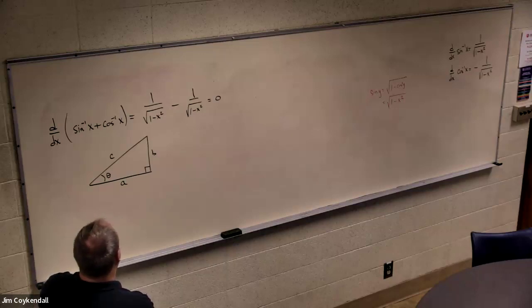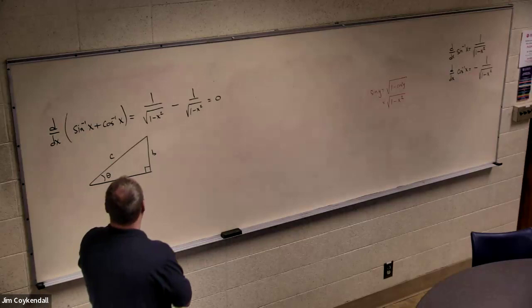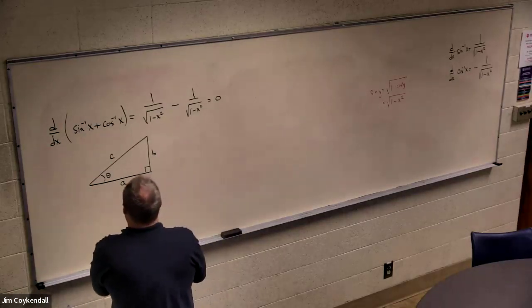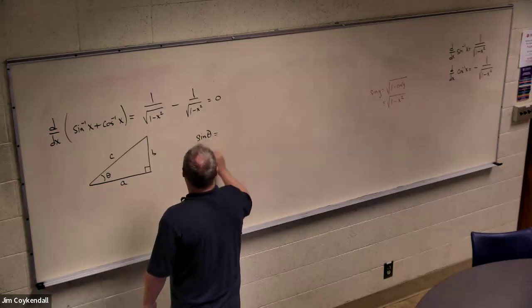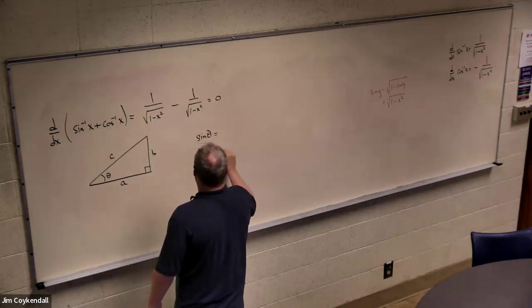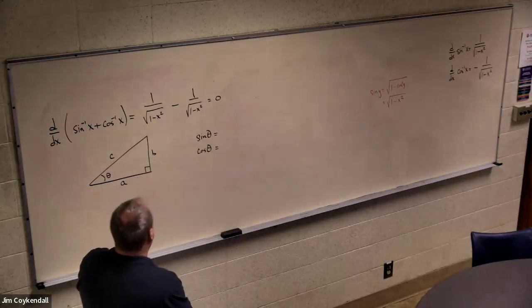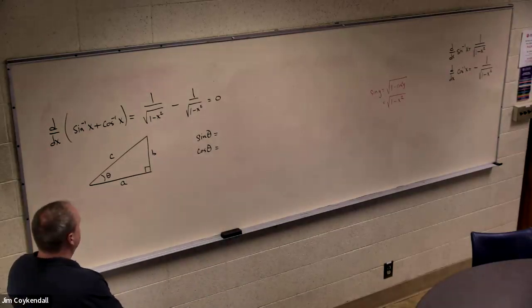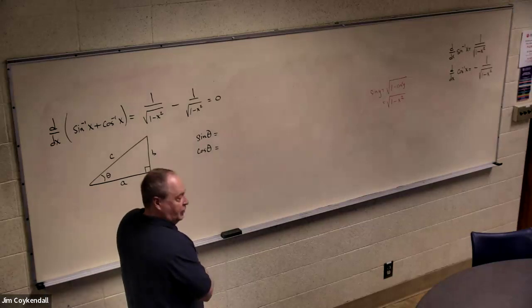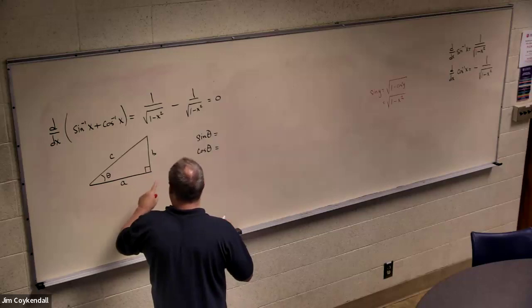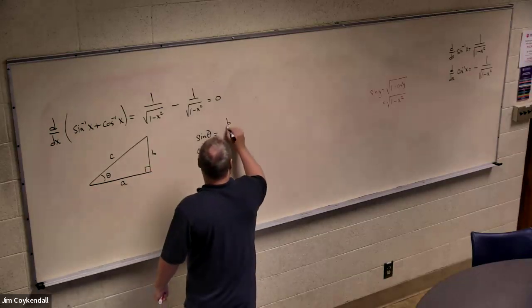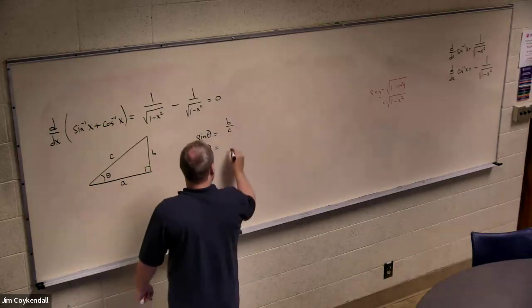Anybody tell me what the sine of this angle is? Right, the sine is B over C. And the cosine is A over C.